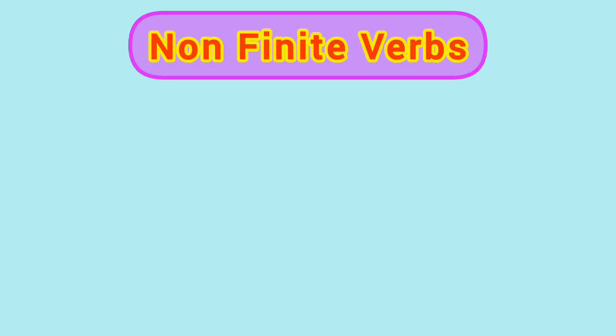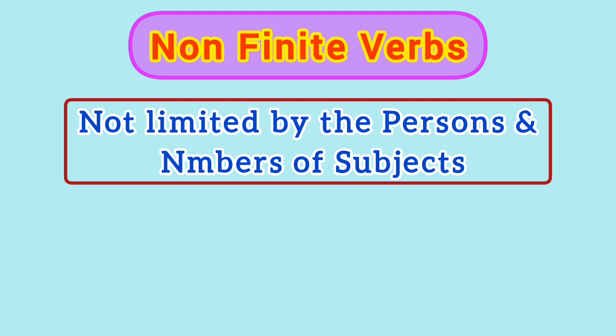Now, let's move on to the non-finite verb. Dear viewers, you should know that unlike the finite verbs, the non-finite verbs are not limited by the person and the number of the subjects.